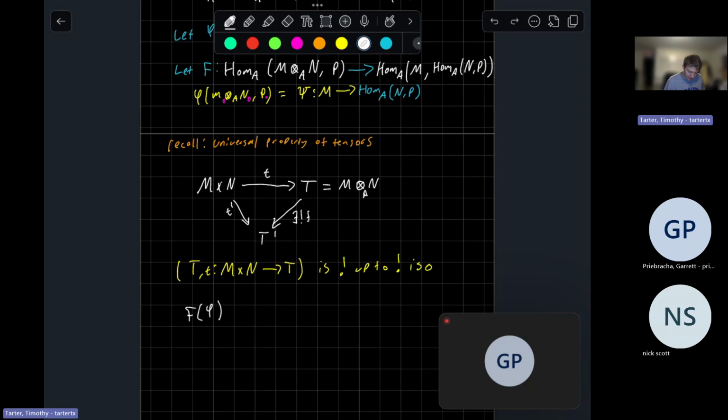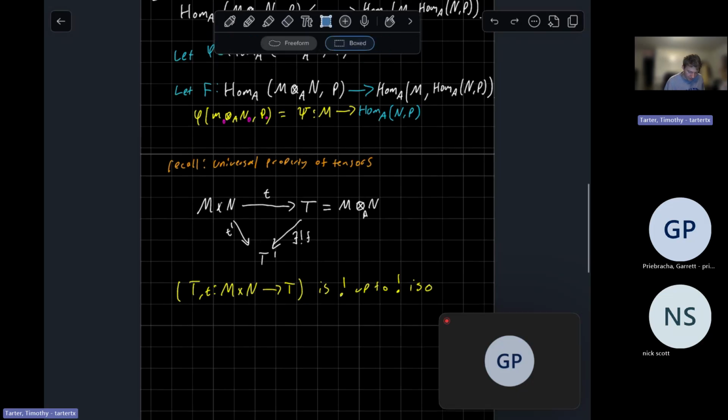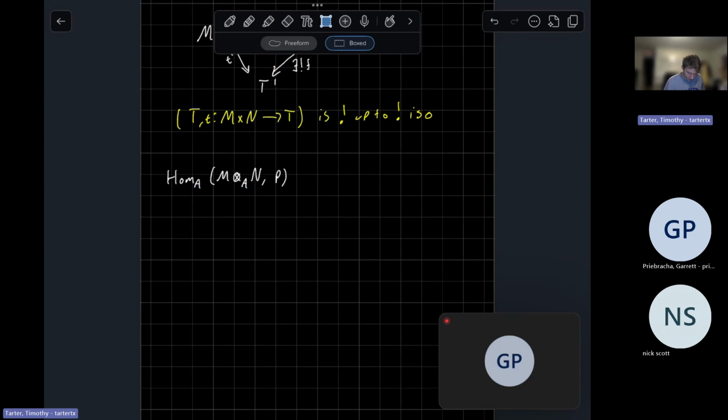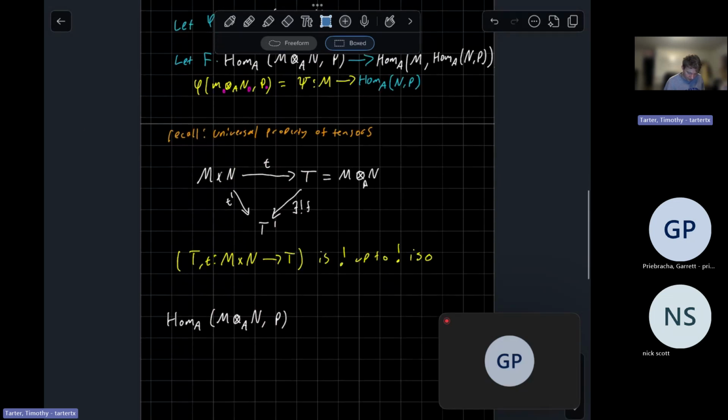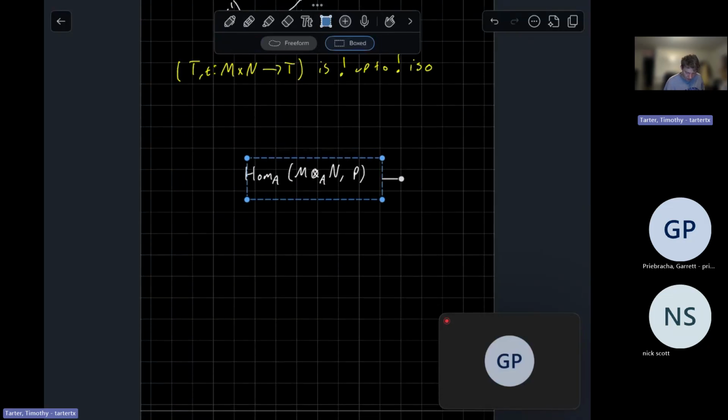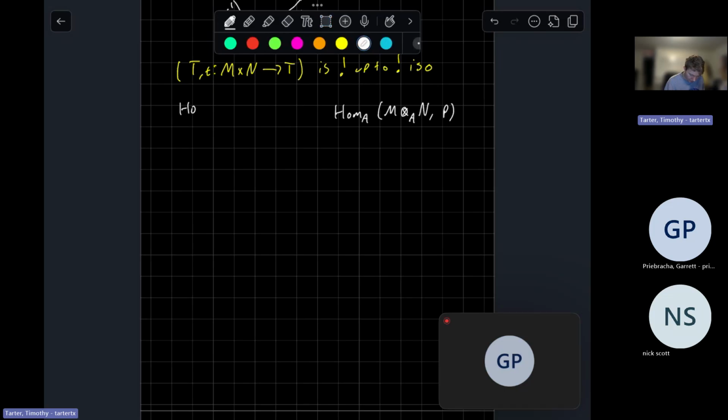It's going to be easier if we do this with the entire thing and then build a specific example out. So M product N P, right?